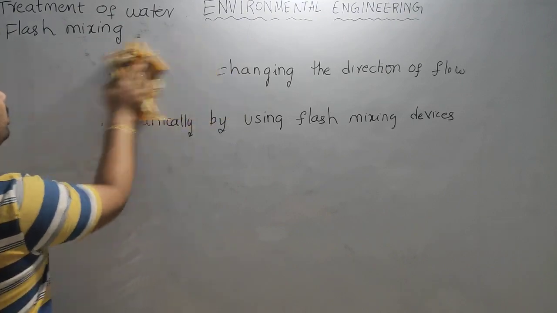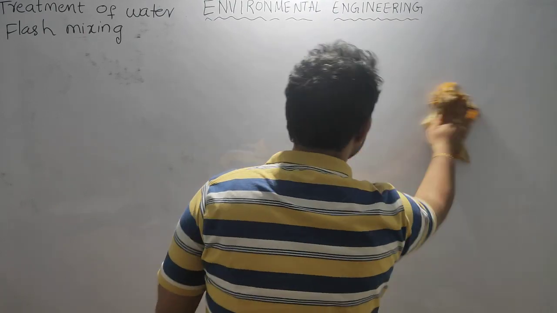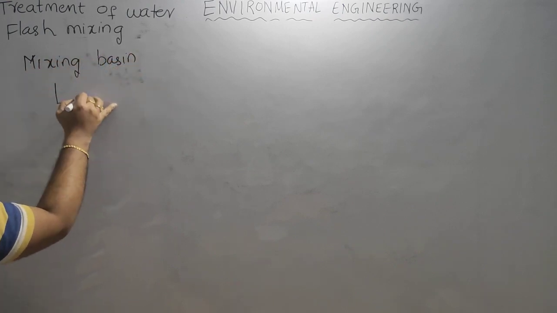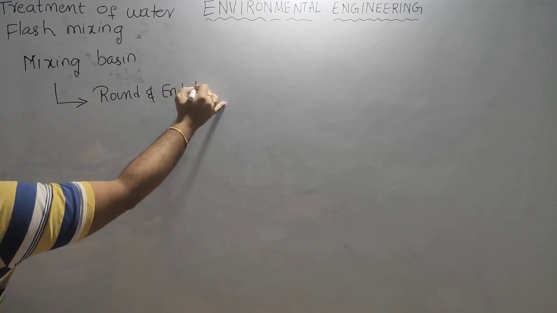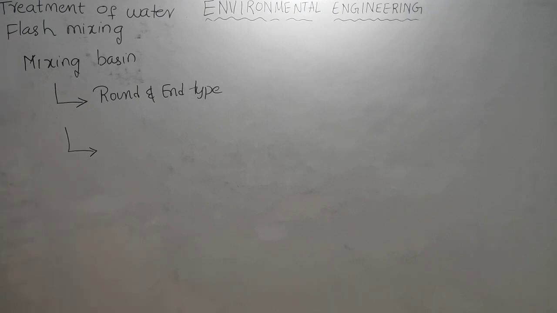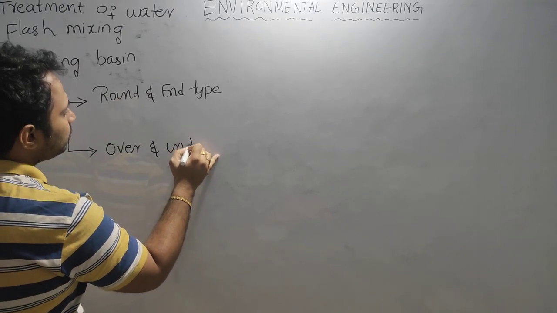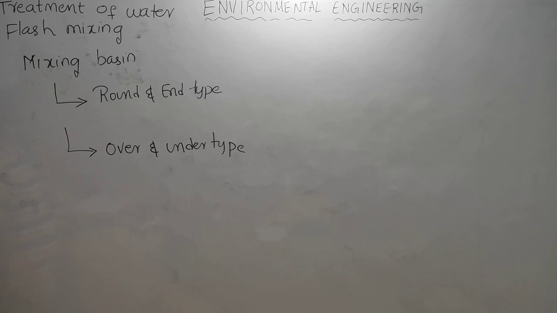Mixing basins are of two types: the round and end type, and the up and down, over and under type.